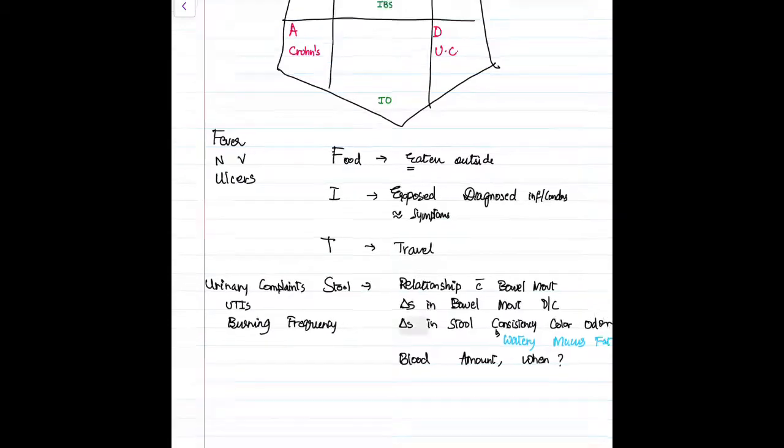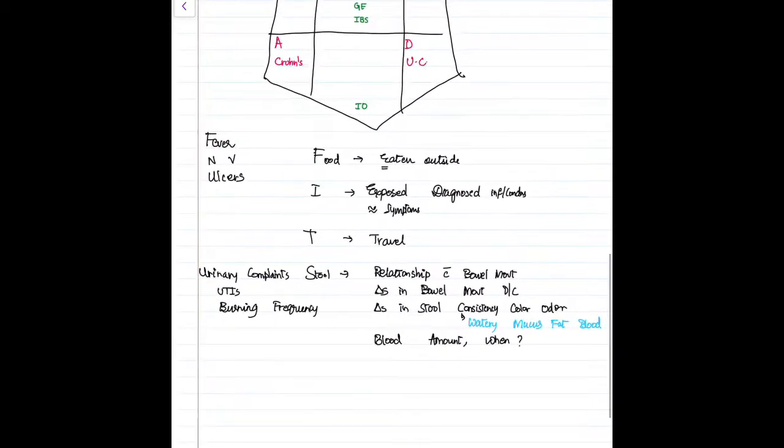Once this is over, just like last time, the important questions we have to ask over here is sleep, appetite, weight, diet, exercise changes, and fatigue. Diet is very important because a low fiber and a high fat diet can cause diverticulitis. Then we ask about travel, which we've already covered.